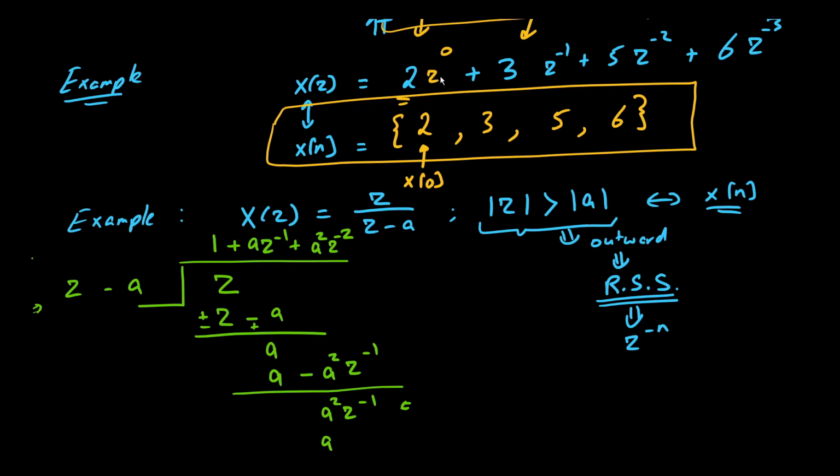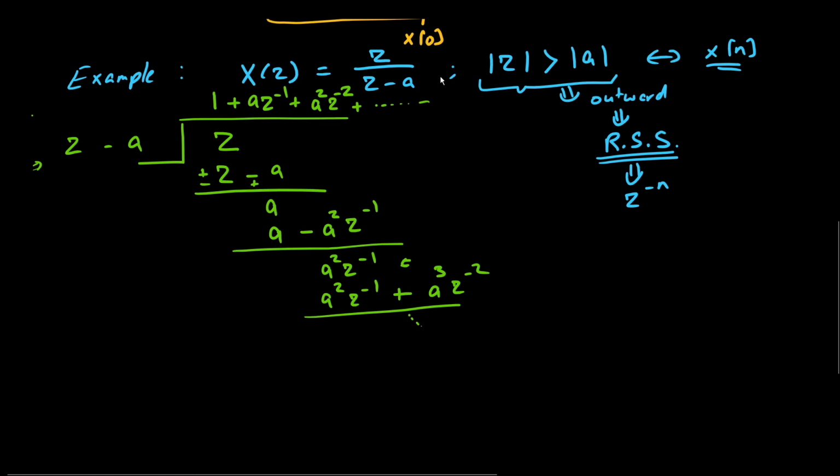So hence we would have a squared z^-1 plus a cubed z^-2, and it will continue on. So we would have this power series in terms of z raised to power minus 1 or z raised to power minus n, that would grow like that.